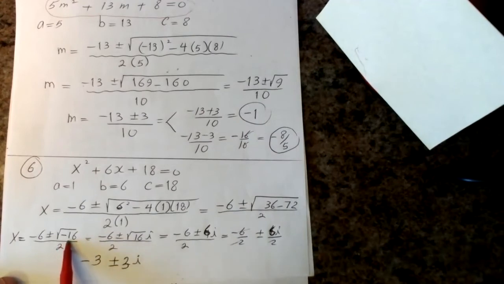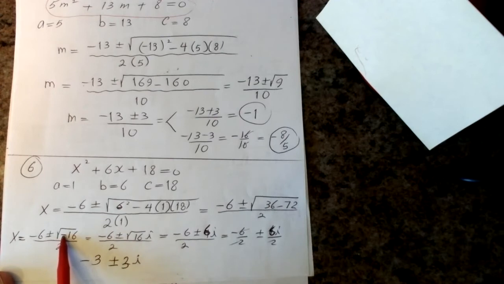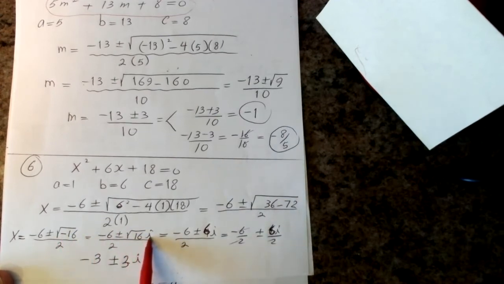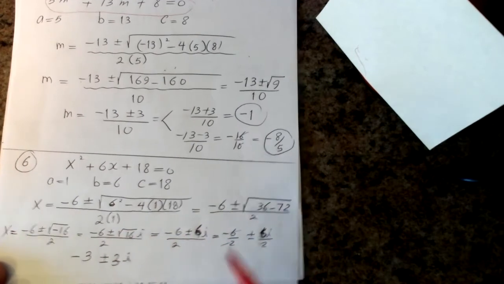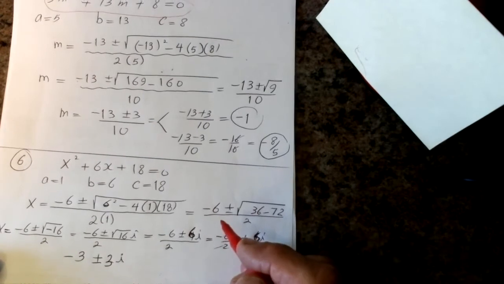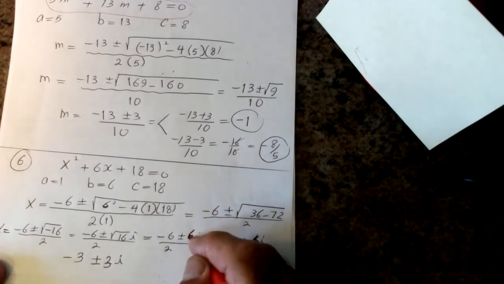Remember, radical minus 16. If you remove this negative out, you have to put an i here. Anytime you have a negative under the radical and you want to move it out, you gotta put an i. See, when I move this out, then radical 16 is 4. So this should be 4.